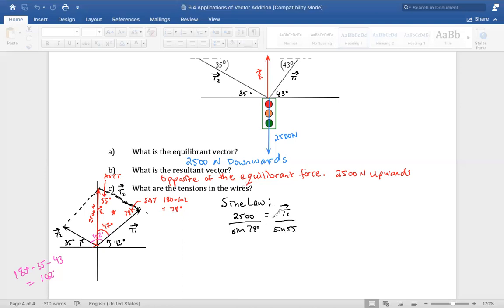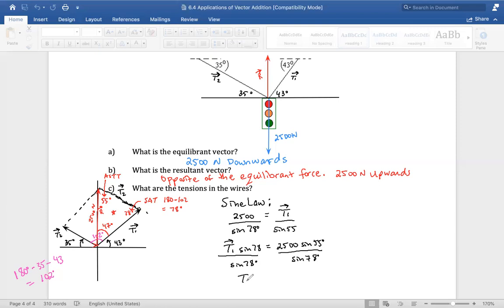And then cross multiplying, the number that's on top comes out in front. T1 vector times sine of 78 is equal to the number 2,500 times the sine of 55, and I divide both sides by the sine of 78.